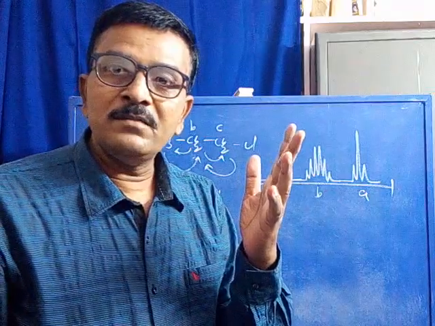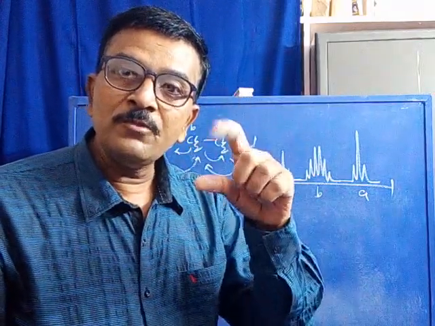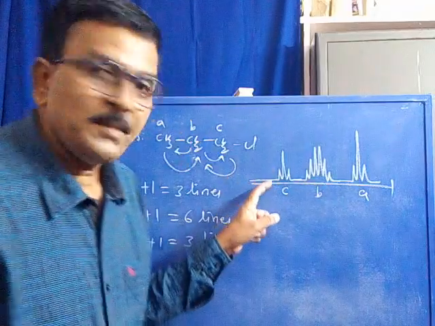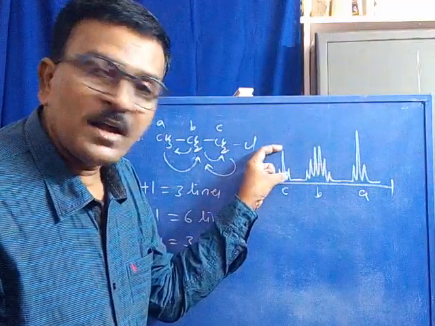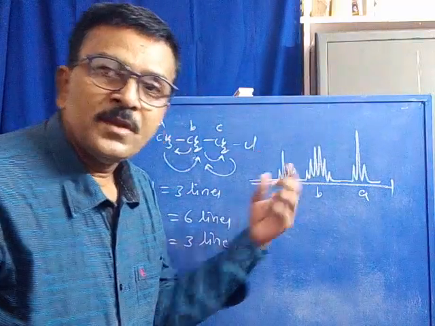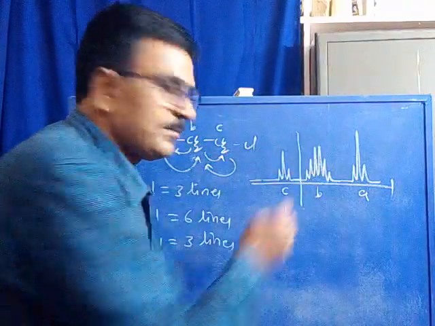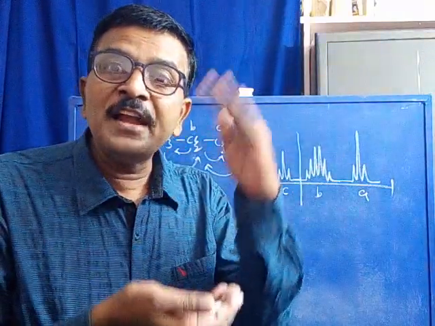The next doubt arises: what will be the intensity of each line within one split signal or multiplet signal? You can see in the C proton signal, this is a short line, this is a long line, again this is a short line. That is the height within one signal, the height of every line.